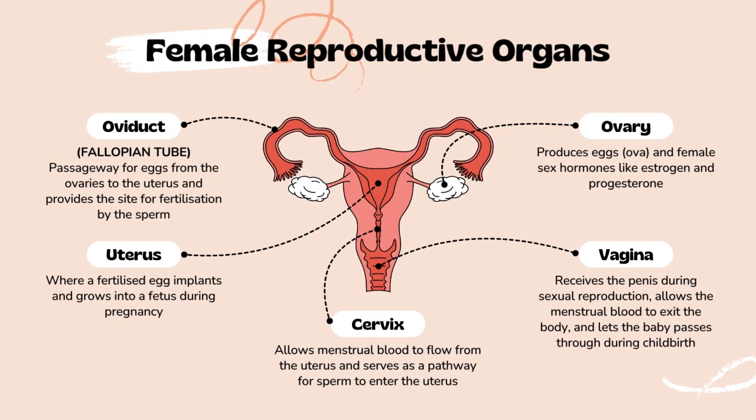Next, the cervix allows menstrual blood to flow from the uterus and serves as a pathway for sperm to enter the uterus. Last but not least, the vagina receives the penis during sexual reproduction, allows the menstrual blood to exit the body and lets the baby pass through during childbirth.